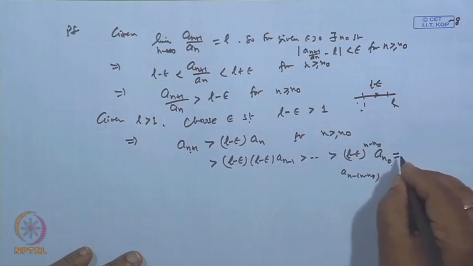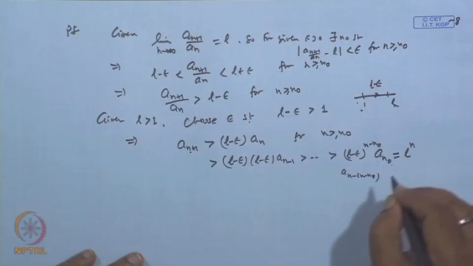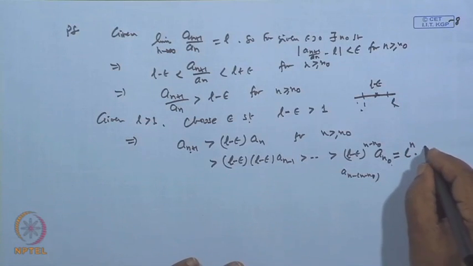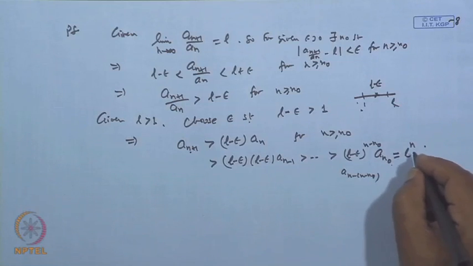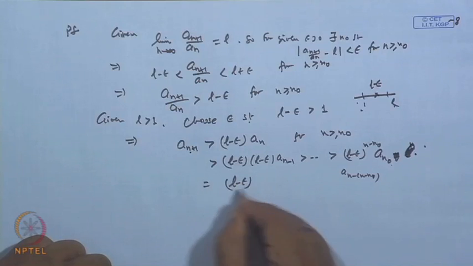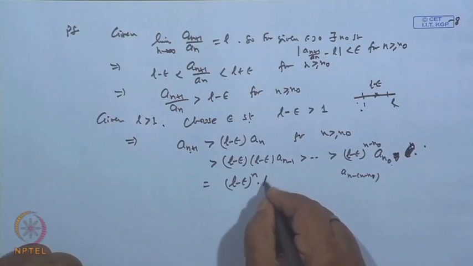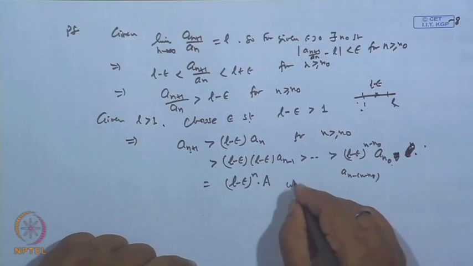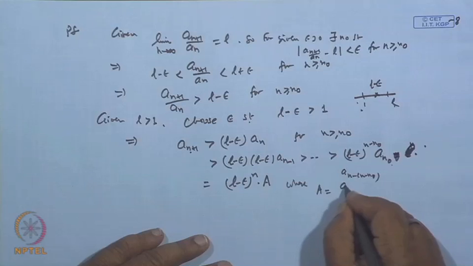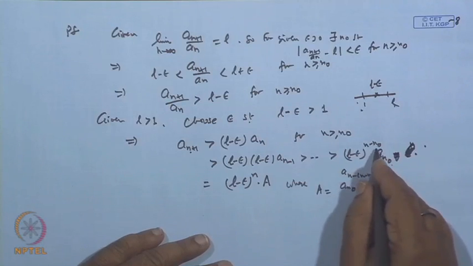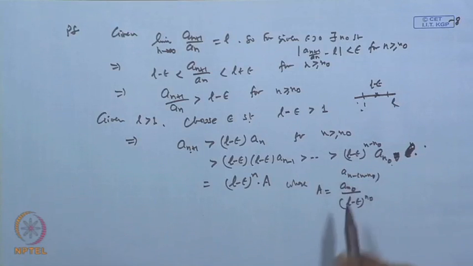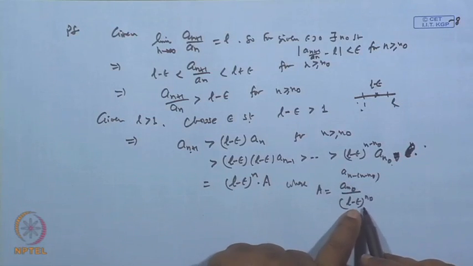Now, this can be written as L minus epsilon to the power n into a constant term A, where A is equal to a n naught divided by L minus epsilon to the power n naught, because L is fixed, epsilon is also fixed.